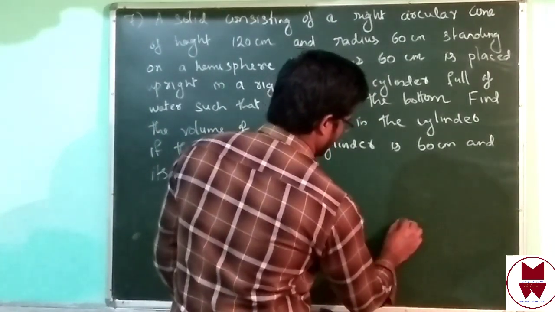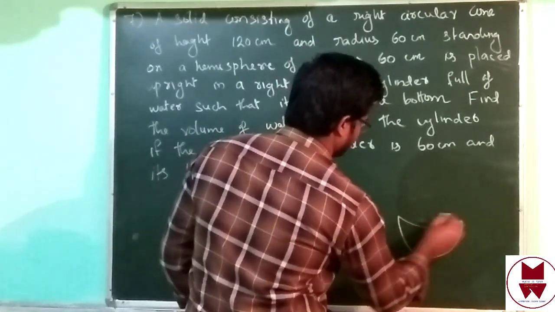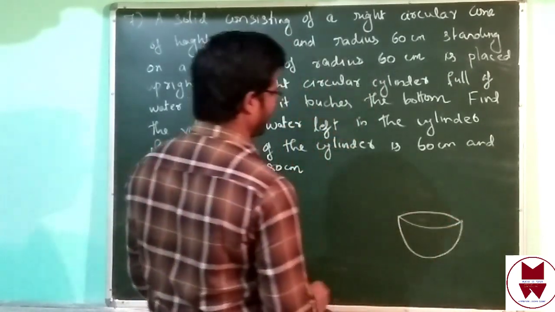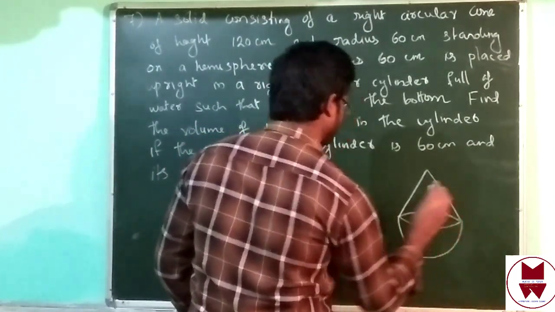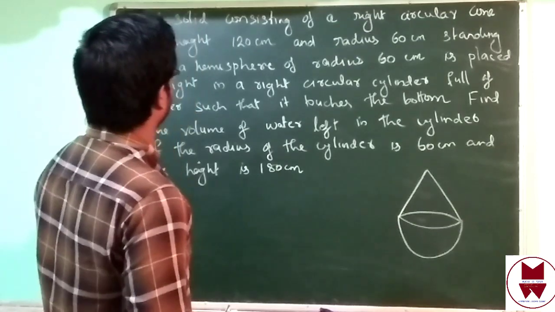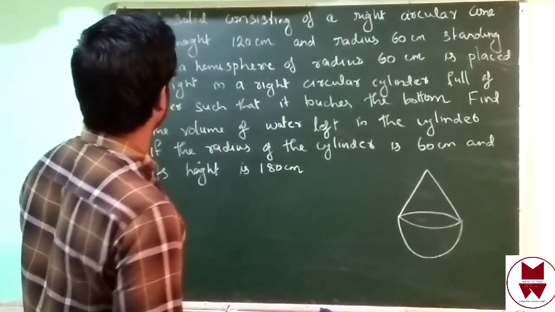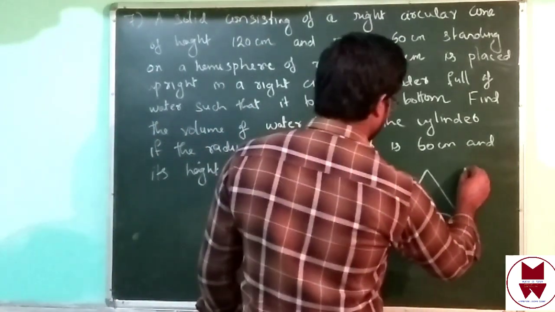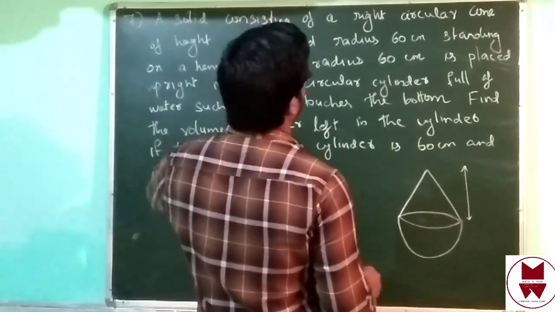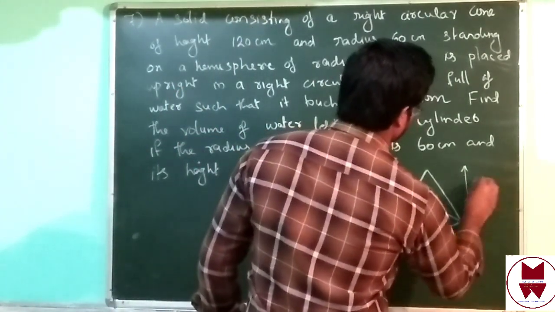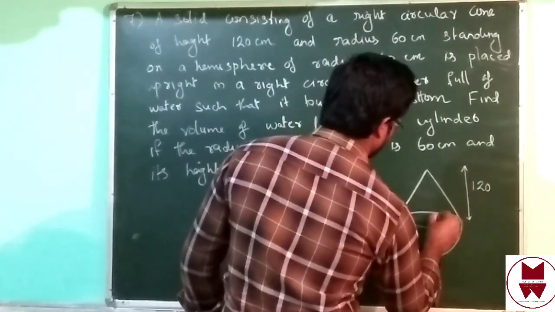First draw one hemisphere, then one cone upside. The height of this cone is 120 and the radius is 60.